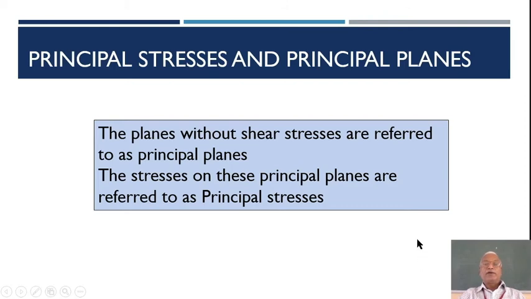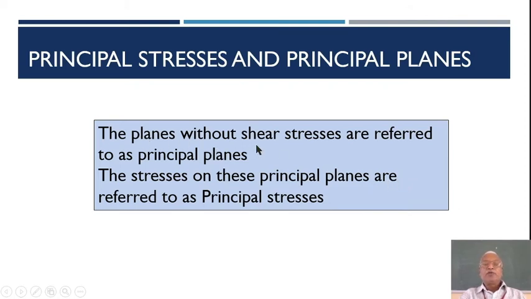Here I want to make a couple of points. The spelling of principal: principal means important, main stresses, main planes. That's why it is P-A-L, not P-L-E. Don't make the mistake of writing it that way. So they are principal planes, principal stresses.